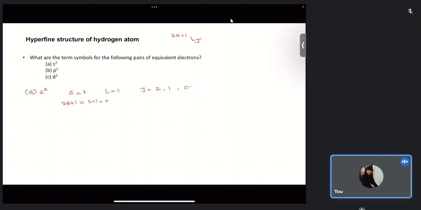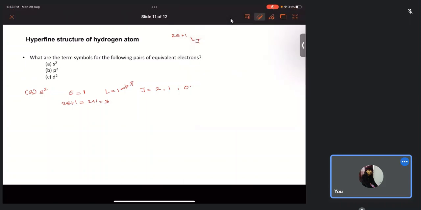So L is equal to 1 denotes P. Sorry. L is equal to 0. It can have any values of L, depending upon what your n value is. So you can have L is equal to 0, 1, 2. L can have values till n minus 1, right?